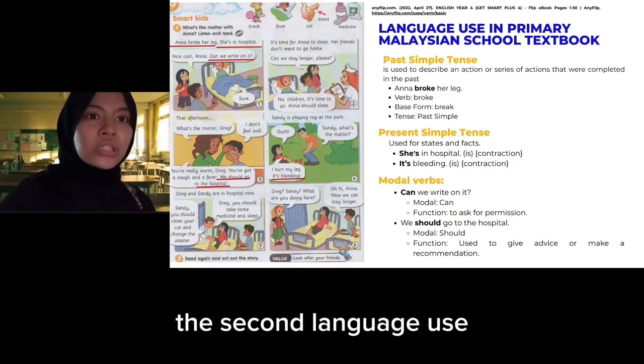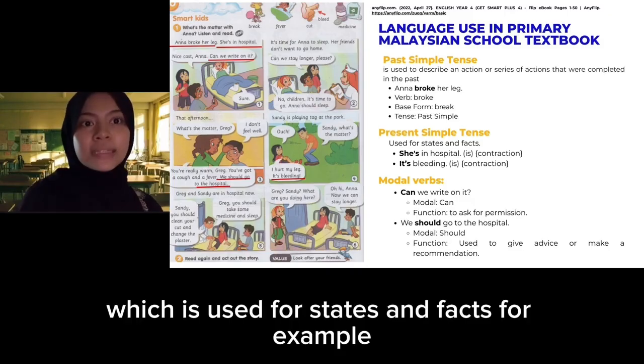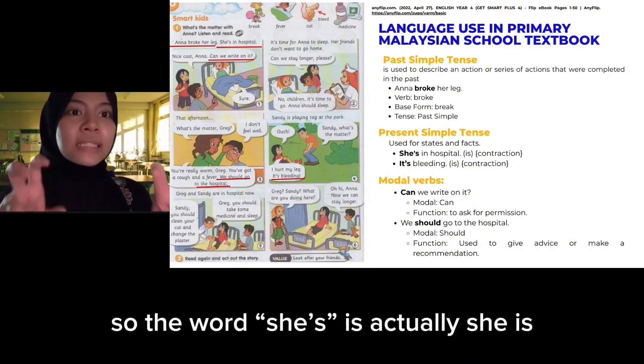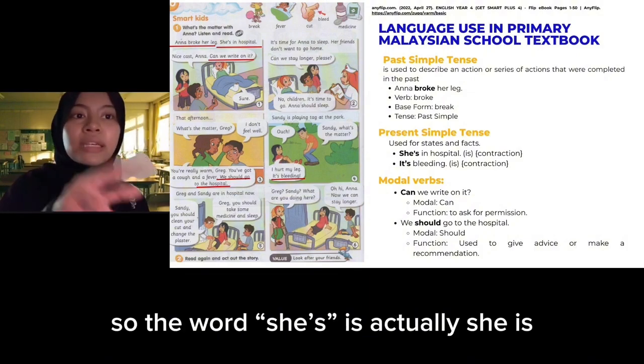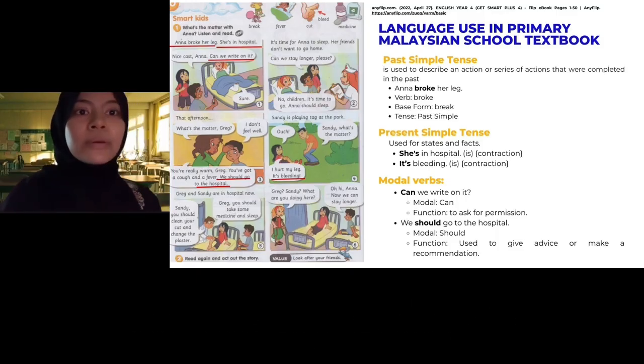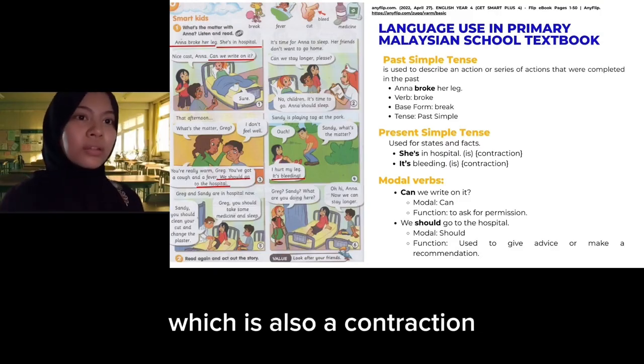The second language use I have found is the present simple tense, which is used for states and facts. For example, "she's in the hospital," where "she's" is actually "she is," which is a contraction, similar to "it's bleeding," where "it's" is actually "it is," which is also a contraction.